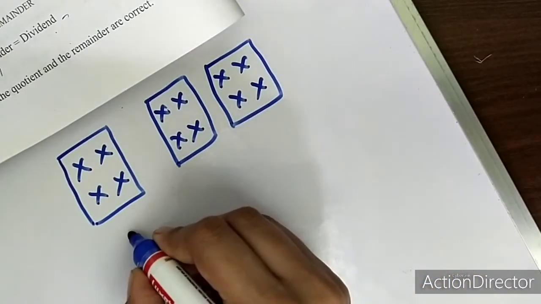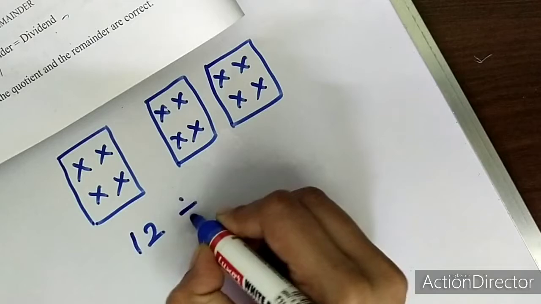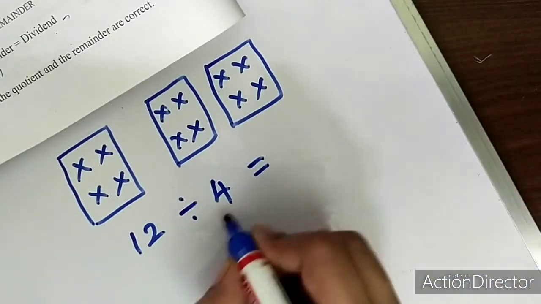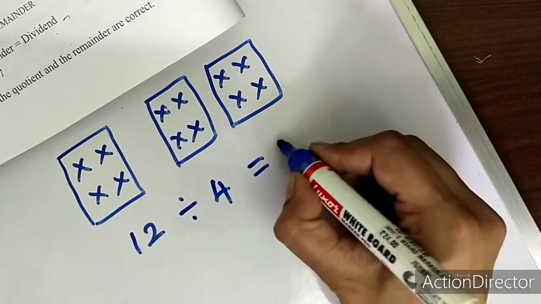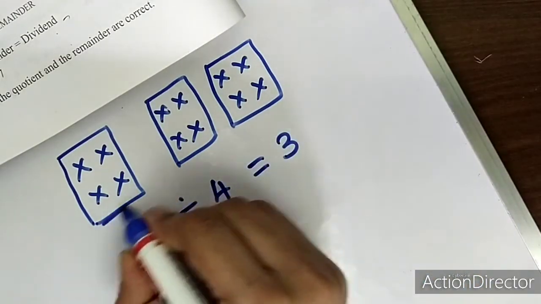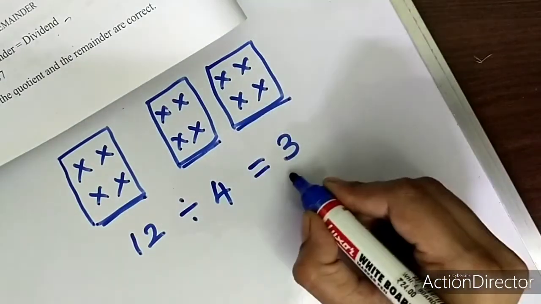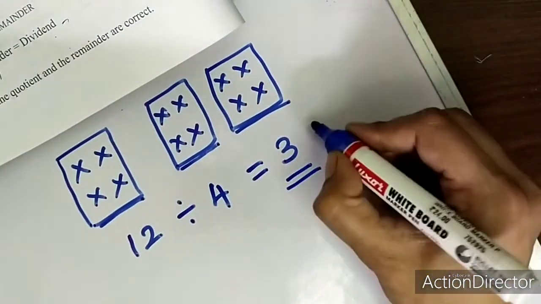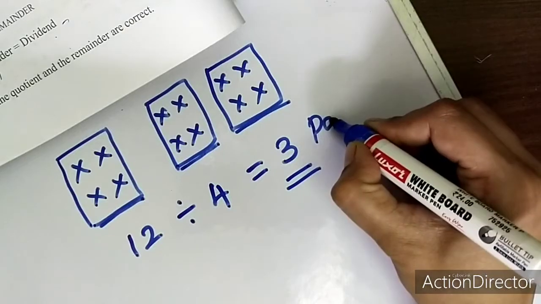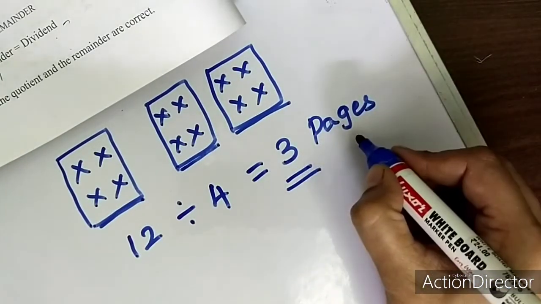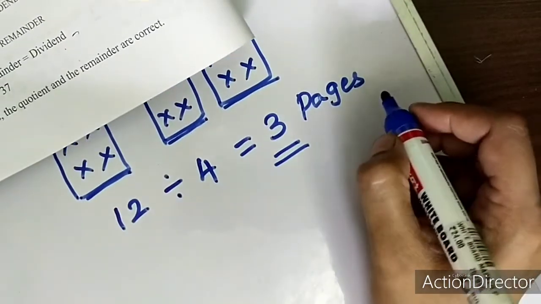So what do you have to do? 12 divided by 4. 4 tables, 12 how many times? 3 times. So how many pages are needed? One page, second page and third page. So totally 3 pages are needed to paste 12 pictures.